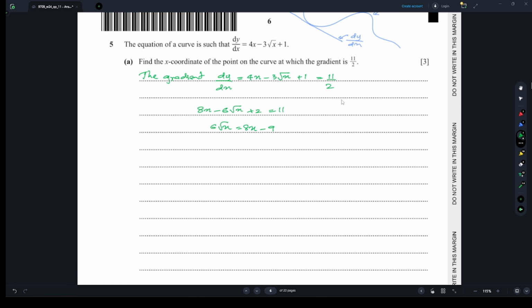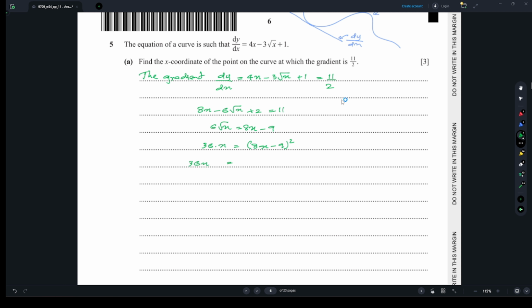Now you can take the square of both sides. With that one, we can remove the square root. So when I take the square, the square of 6 is 36, and when you take the square of the square root, it's just x. And then we have 8x minus 9 squared. So we have to solve this one.